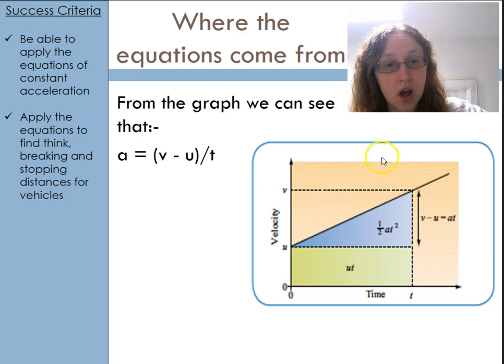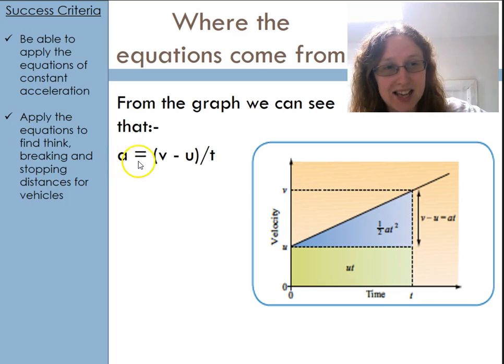Now, we know that from a velocity time graph, the gradient of the line gives you the acceleration. So the gradient of the line would be the change in y divided by the change in x. So the change in y, while this change in acceleration is happening, is v minus u. That would give me this distance here. And the change in x is the time. So it's just time t that we would read off here.